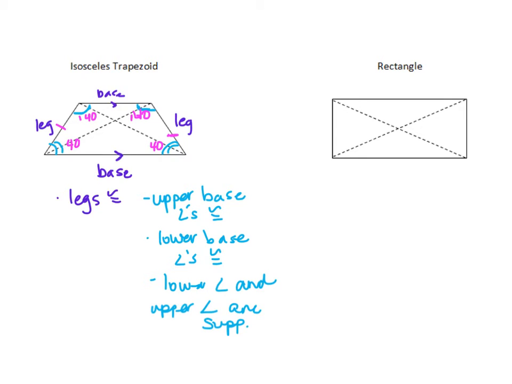Alright, moving on to our rectangle. Now a rectangle is a parallelogram. So that means that it follows all the parallelogram properties, which means you've got opposite sides are parallel. So that's going to be true. You also have opposite sides congruent for a rectangle.